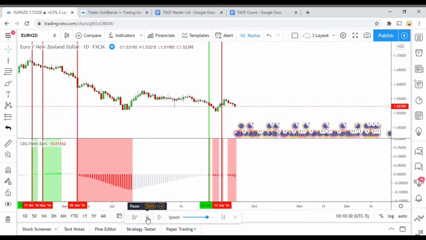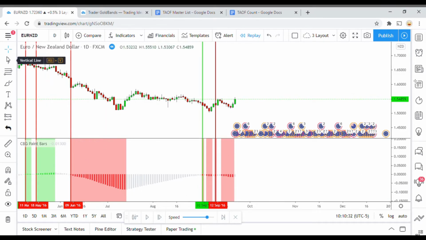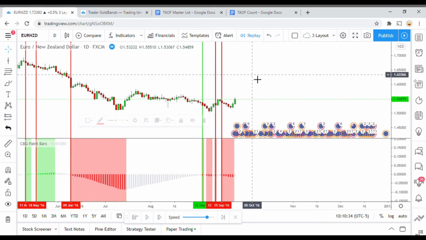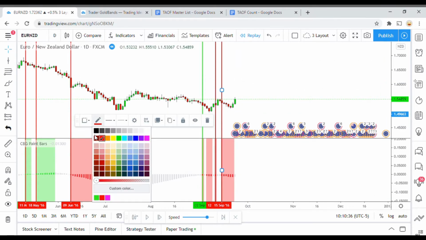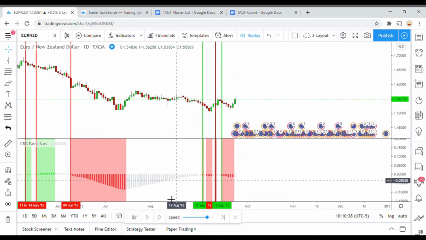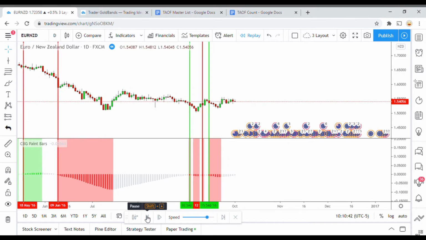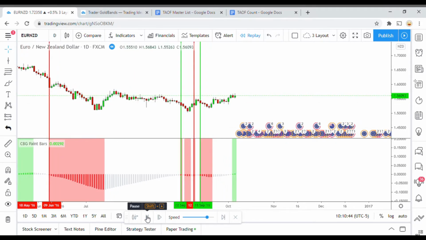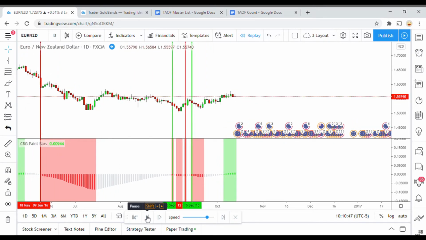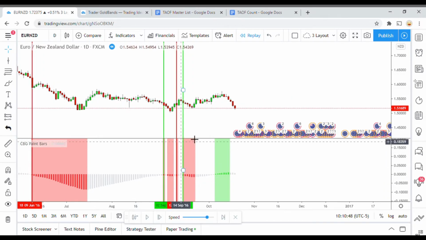We're working on another signal right now. Let's play it forward. That one got us to take profit. So that one worked pretty decent. Wouldn't have been a huge trade, but it would have been pips in the bank nonetheless.